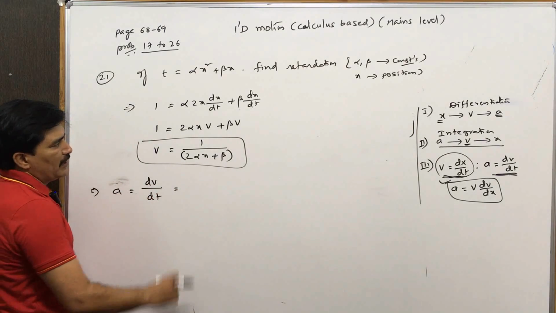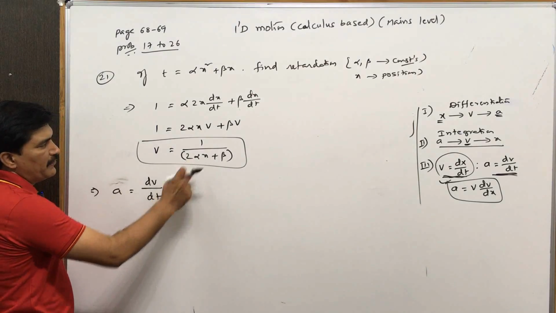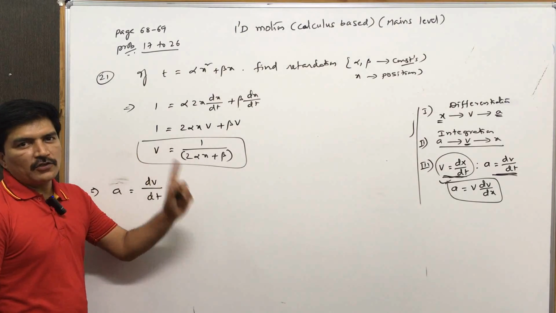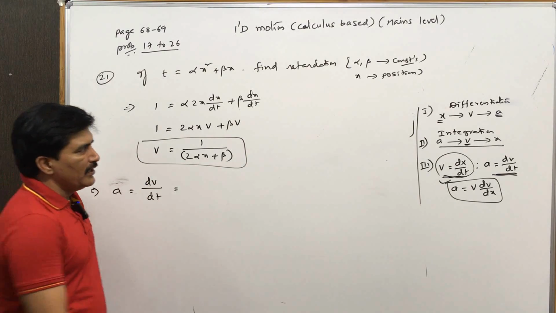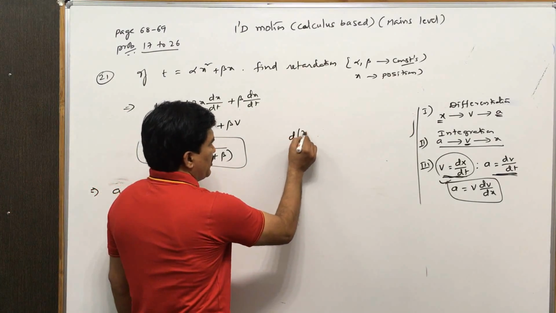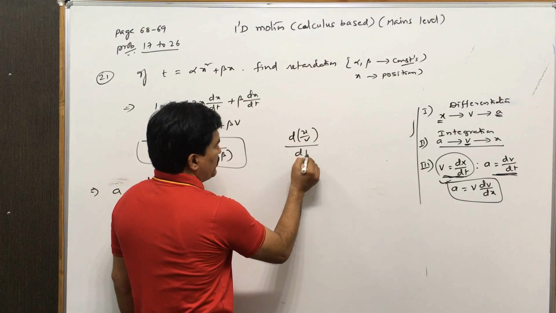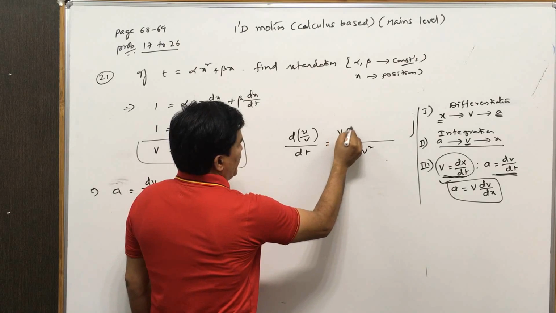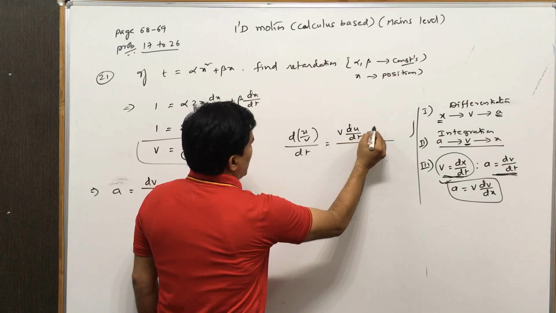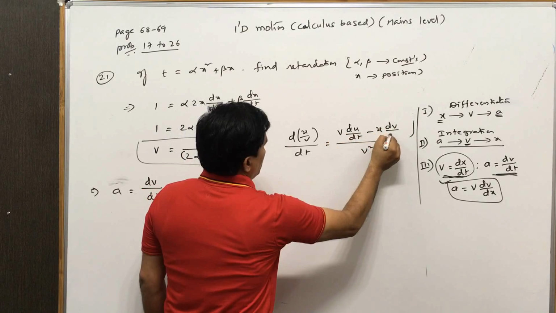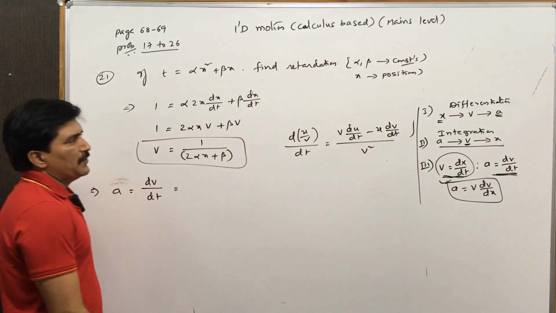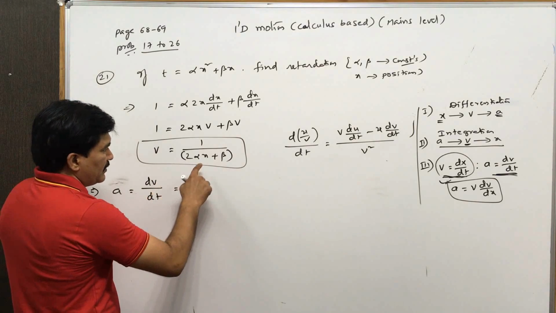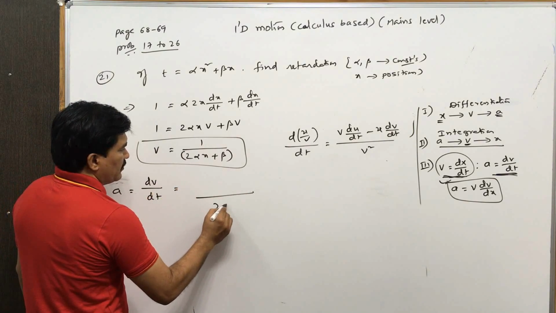If you observe carefully, it comes under u by v form, so you have to make use of the quotient rule. The quotient rule means differentiation of u by v with respect to t, you have to write as in the denominator v square, v into du by dt minus u into dv by dt.